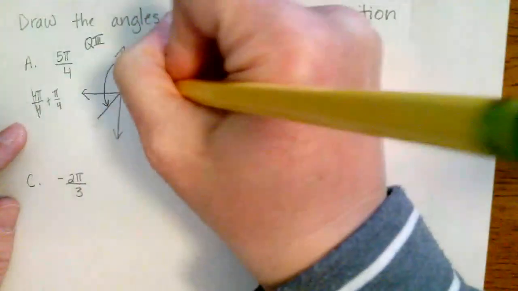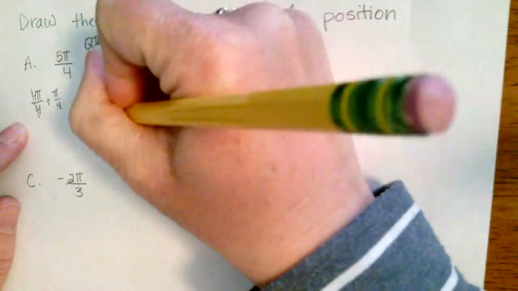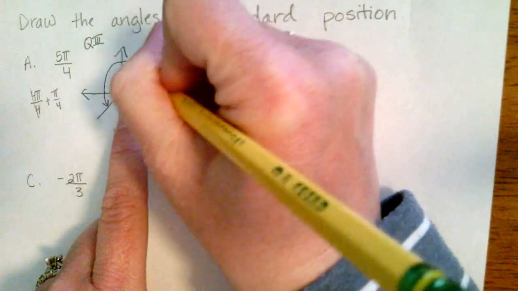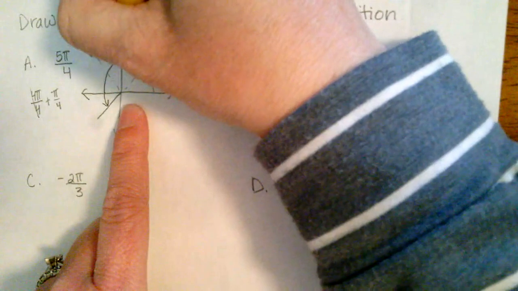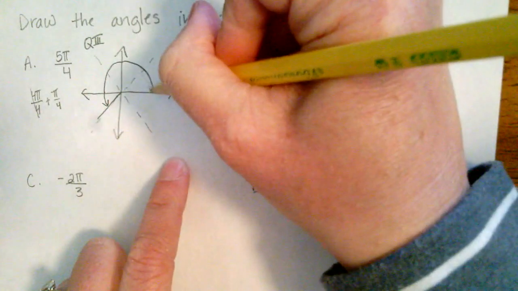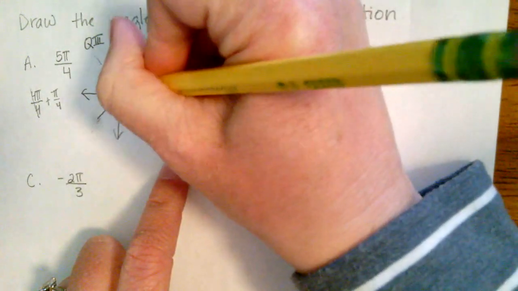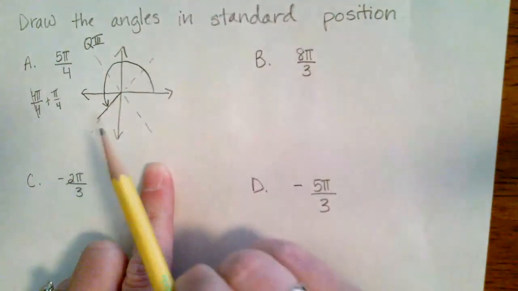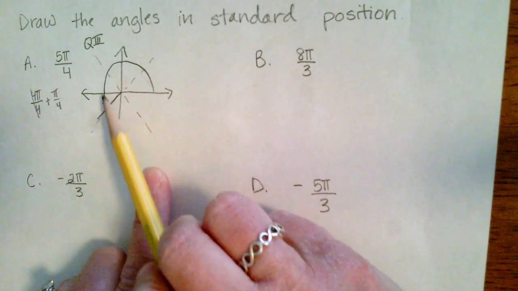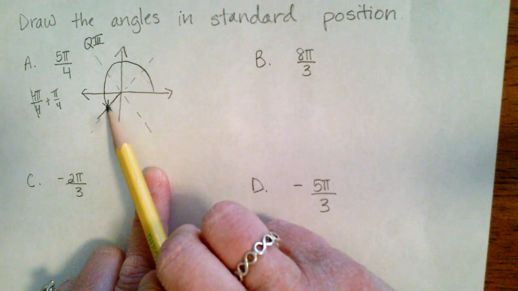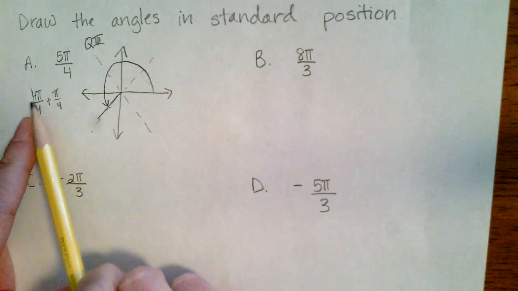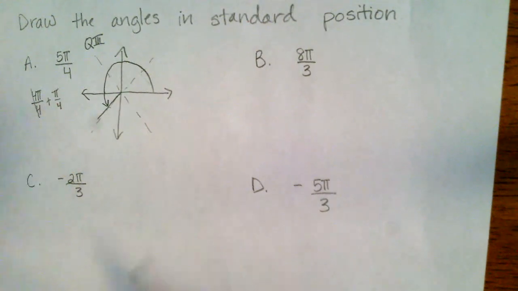Positive angles move counterclockwise, and if you divided this into fourths, you would go 1, 2, 3, 4, 5 fourths. Oh, I'm sorry, my pencil's blocking you. I think it's a little easier. It's less counting to break up my fractions like this, but either way works.